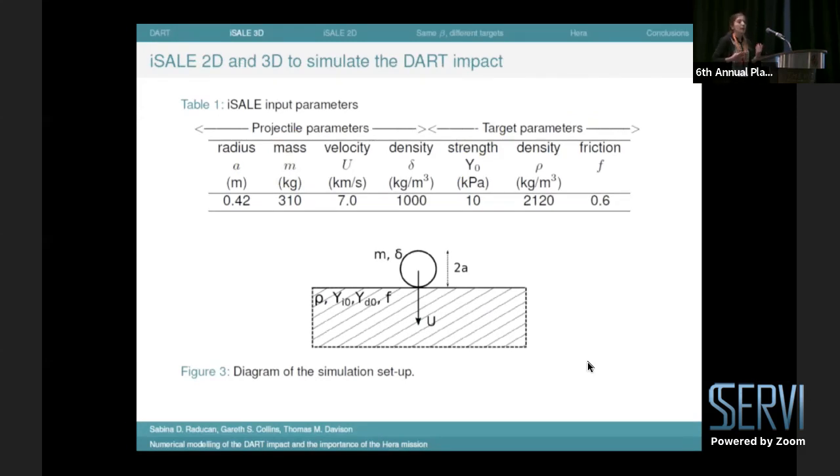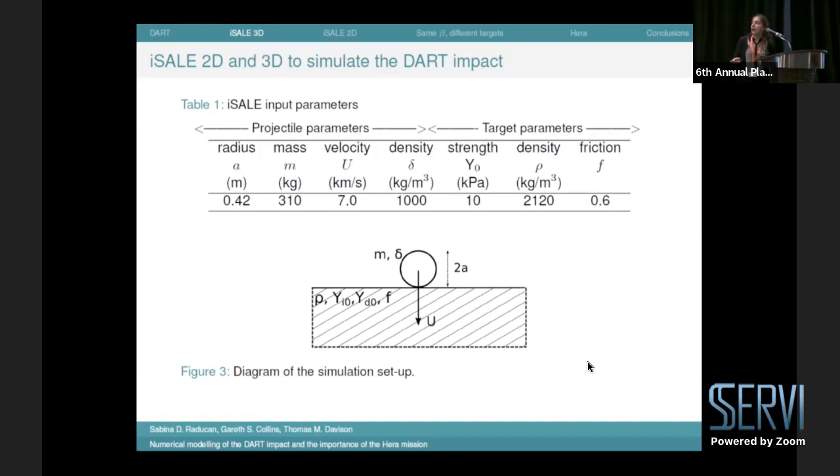Firstly, we are going to compare ICL simulations in 2D with 3D simulations. While 3D simulations are a lot more realistic, they're also a lot more computationally expensive. To give you an idea, using the same resources, we can run about 20 2D simulations in the same amount of time that we would run one 3D simulation at a much larger spatial resolution.